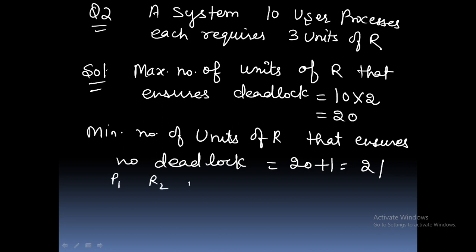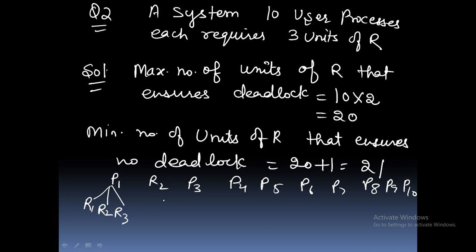P1, P2, P3, P4, P5, P6, P7, P8, P9, P10, total 10 processes. First use 3 resources and others have 2 resources.